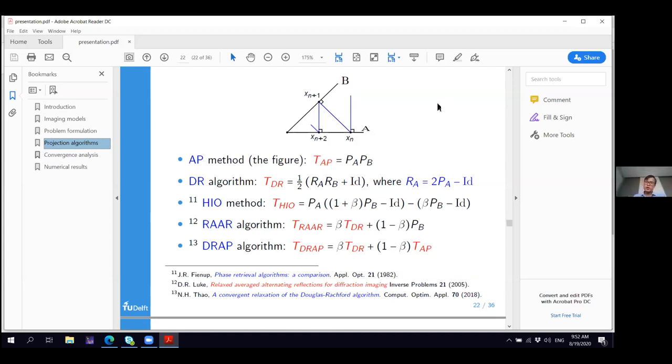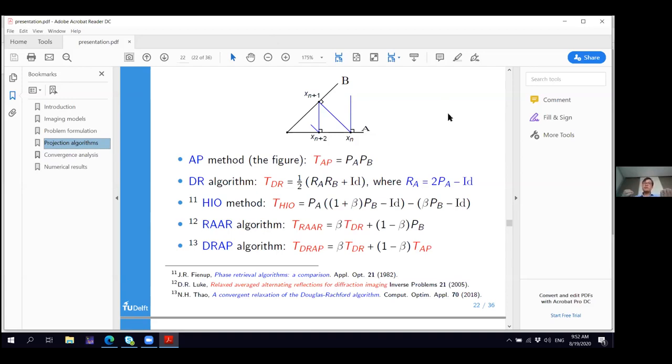Yes, in the literature, there are two ways used to address this problem. The first one is, as you said, if the two sets do not intersect, we can enlarge them in such a way that the enlarged sets do intersect, and then we solve the consistent feasibility problem.